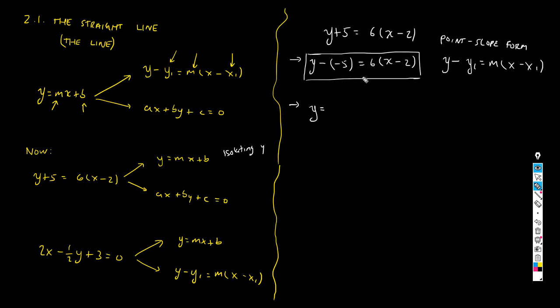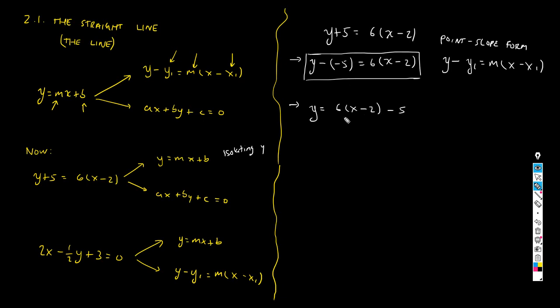I'm gonna write y equals 6x minus 2, and then I'm gonna write plus 5. No, I'm sorry, that's gonna be minus 5, right? Yeah, it's gonna be like this. Actually, you can start from here, no problem. I just wanted you to know that this is not exactly the point slope form, it's this. But then if you start from here, you just subtract 5 from both sides and you're gonna arrive here.